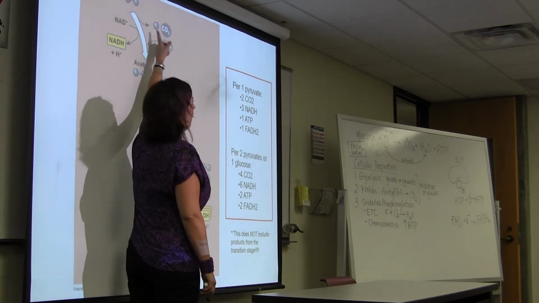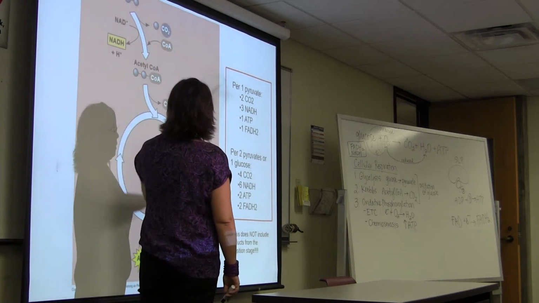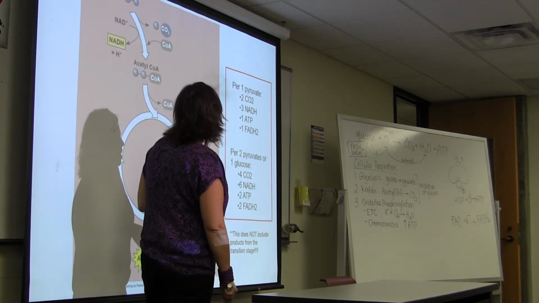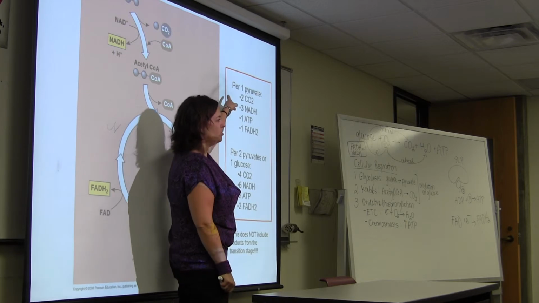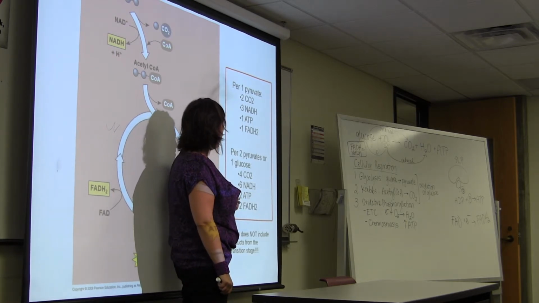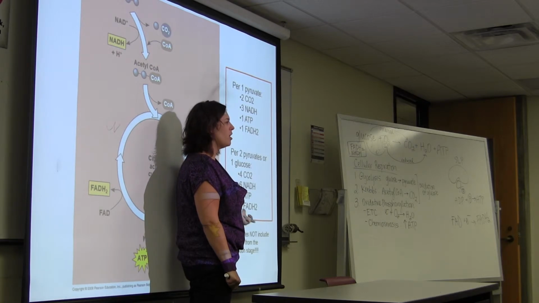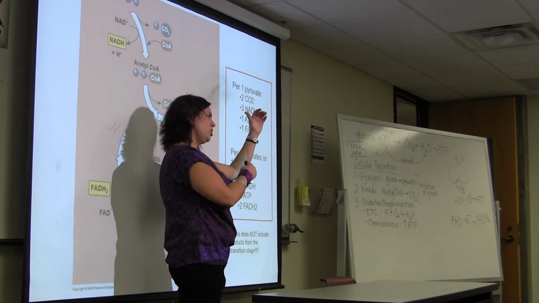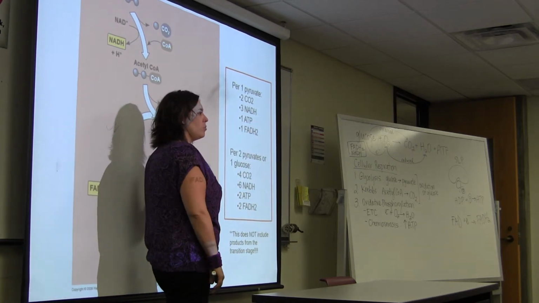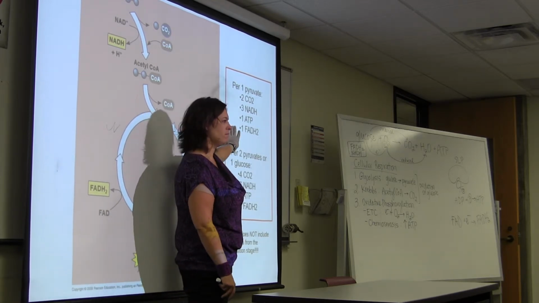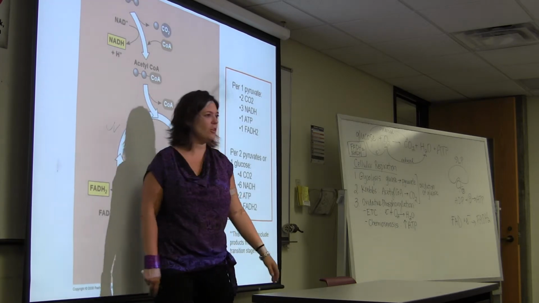So if you were to add the transition into the Krebs cycle, you would actually end up with 3 CO2 in this instance and 6 in this instance. But on the test, I keep the transition and the Krebs cycle separate. So as far as the Krebs cycle is concerned, this is what you're interested in. Okay? Other questions?